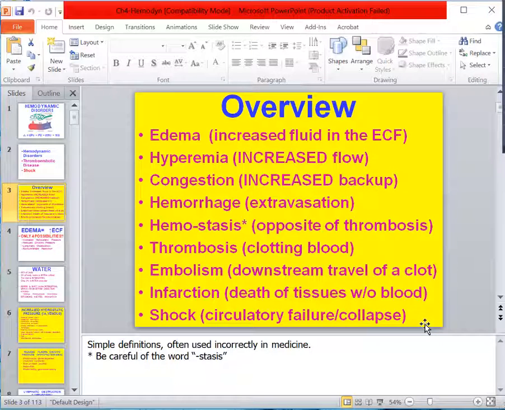Finally, the worst of all possible hemodynamic disorders is shock. Why would you have lack of total body blood flow? Well, maybe your heart just isn't strong enough.